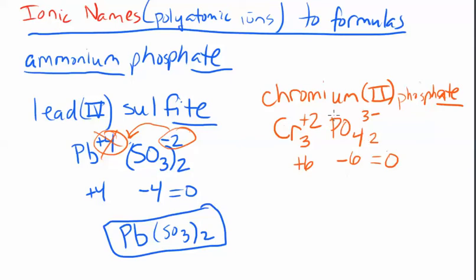If we need 2 phosphates, it's got to go into parentheses, and the 2 must go outside the parentheses. So 2 times -3 is -6. 3 times 2 is +6. This equals 0. So we need 3 chromiums, 2 phosphates, and then we need to rewrite the formula. So here is our rewritten beautiful formula.